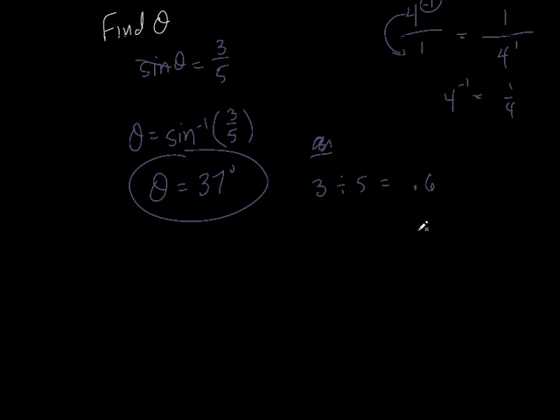Not graphing. Put it down. You're graphing. If you have a regular scientific calculator, non-graphing, this is what you would do. You'd hit 3 divided by 5, you hit equals, and you get 0.6. Then, guess what you hit? You hit the second function, right? And then you hit the sine button. And then that should automatically give you that number, 36.89 or whatever it is.